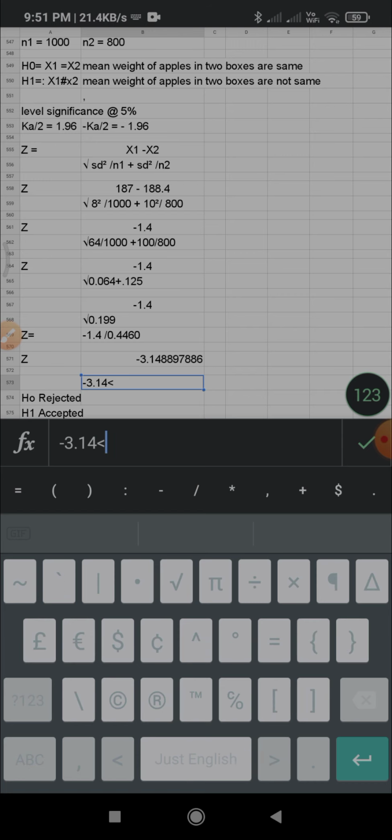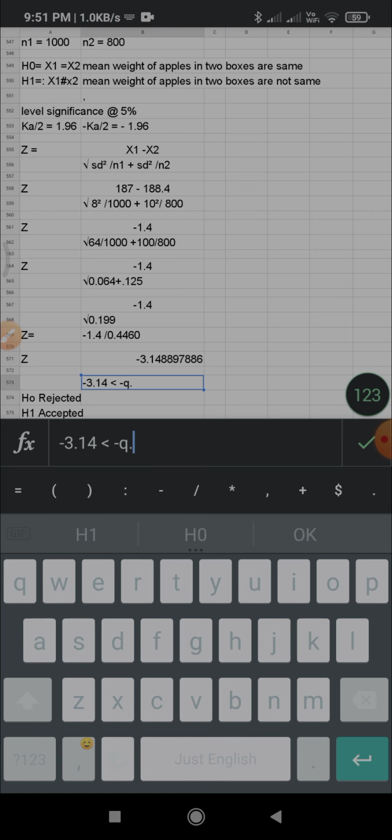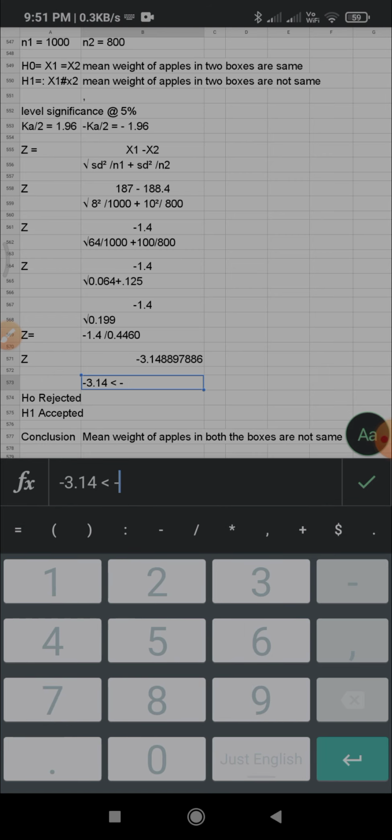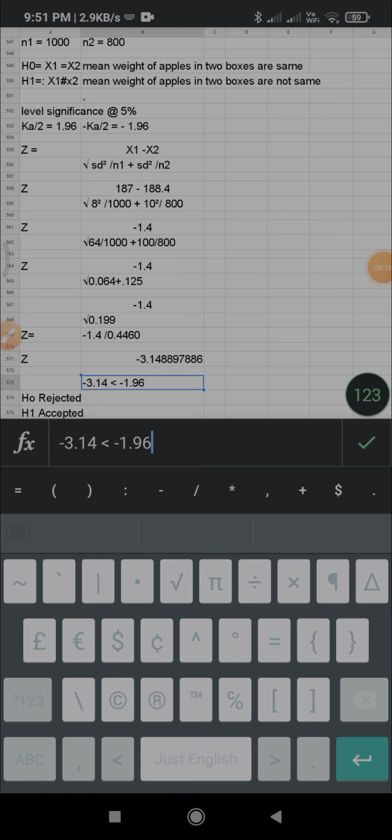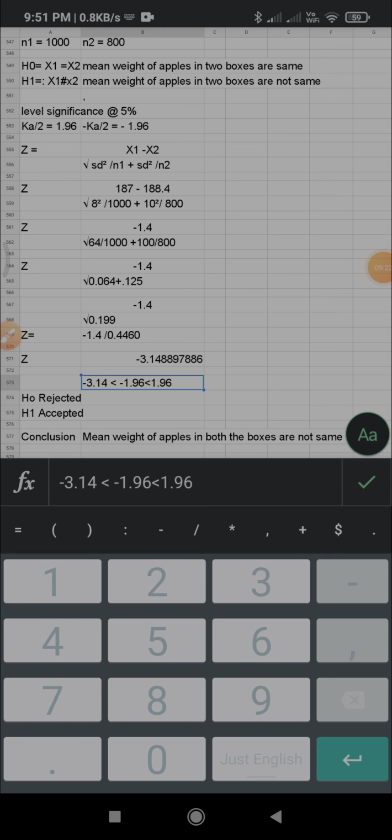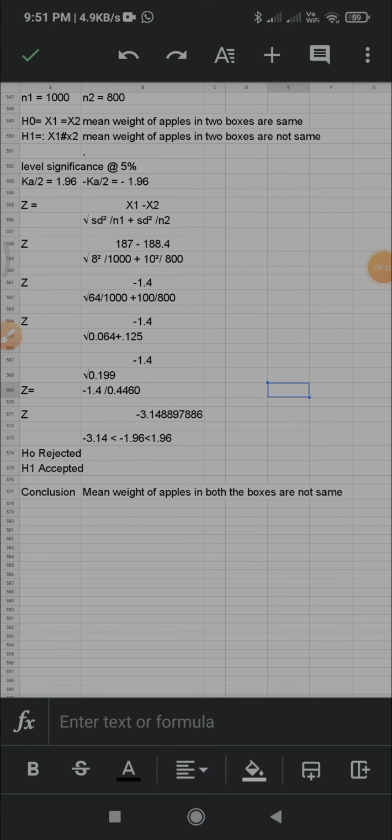Minus 1.96 is less than 1.96. So here our calculated answer, minus 3.14, lies outside the bell, in your diagram.